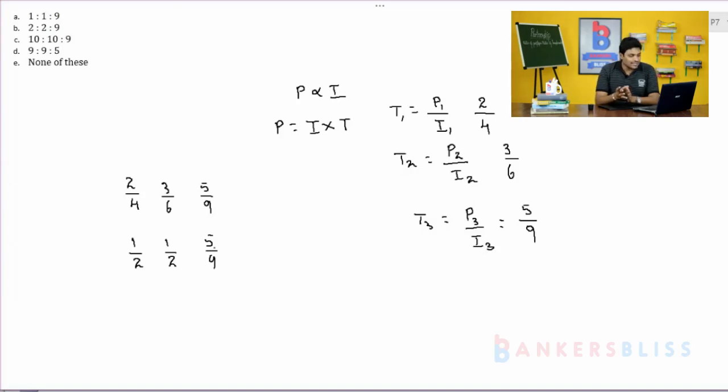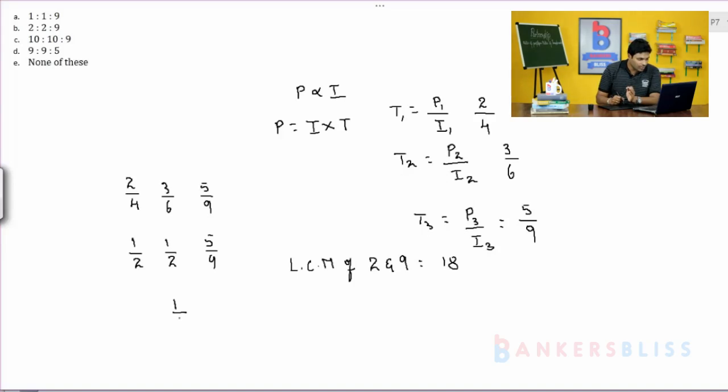You take the LCM of the denominators and multiply it to each ratio. This procedure we have already discussed in the concept called ratio: how to calculate the ratio of fractions. So take the LCM and multiply to each term. For 9 and 2 the LCM is 18. So you multiply 18 to each term.